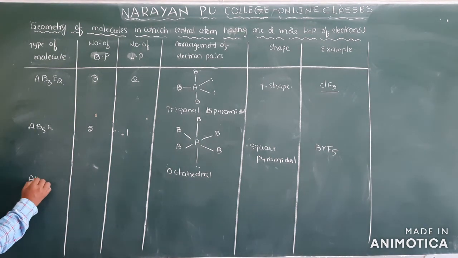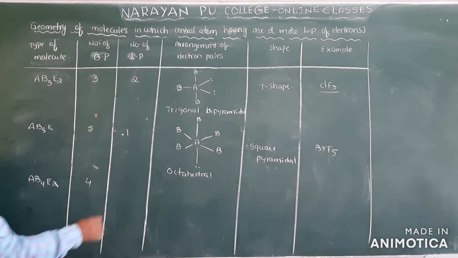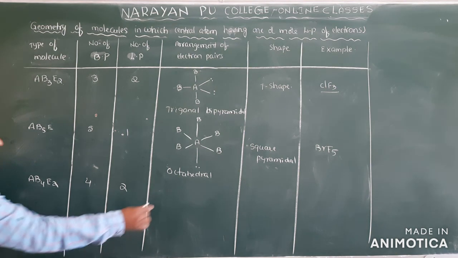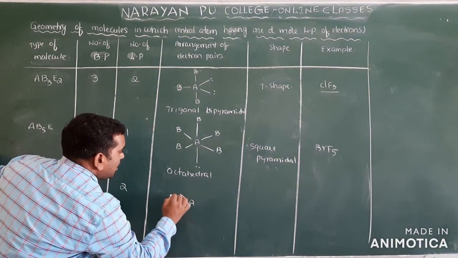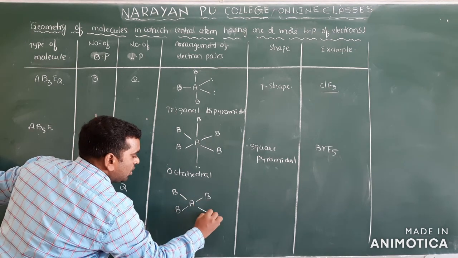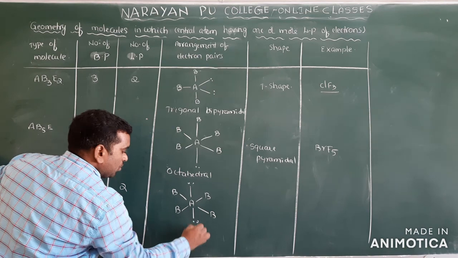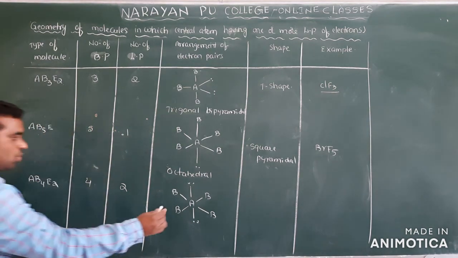So the next one is AB4E2. AB4E2 means how many bond pairs? 4 bond pairs and 2 lone pairs. And here also, what is the arrangement of these electrons? Octahedral only. But here there are 2 lone pairs of electrons. Clear? So what is the shape here?